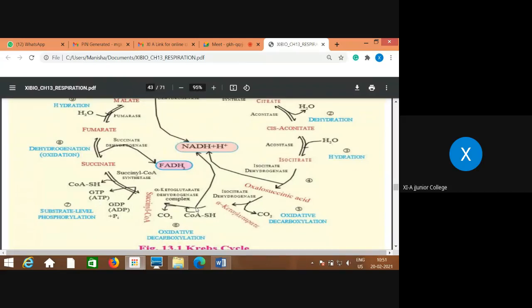Then again in this step coenzyme A SH is added, but here again succinyl coenzyme A, with the removal of this coenzyme A SH, forms succinate or succinic acid. So first in this stage it is added, and again in the next step it is removed.